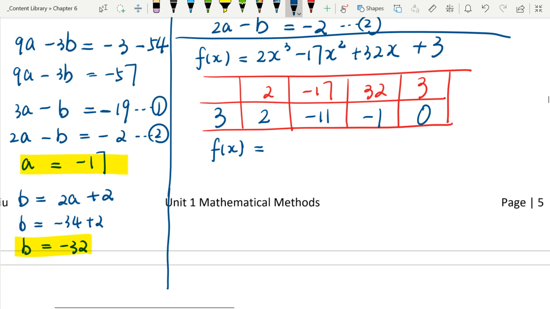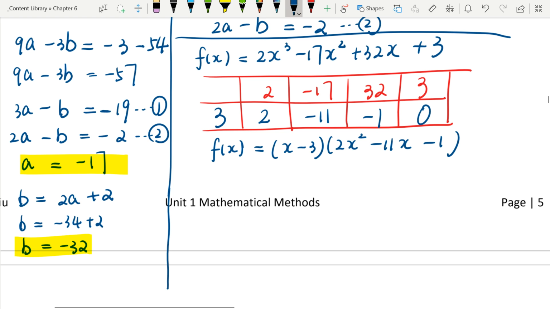So my f(x) can be written as x minus 3, that's one factor, and then 2x squared minus 11x minus 1. See that? That's a quadratic. My question is, can I factorize that quadratic?